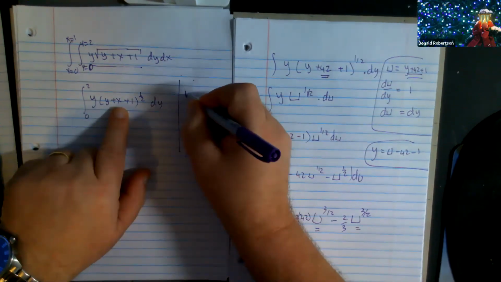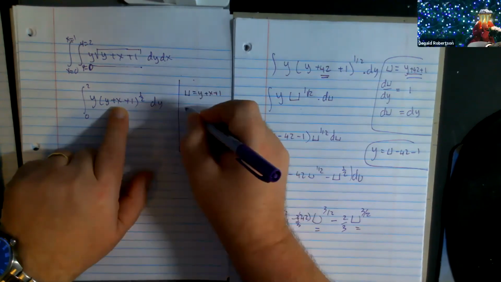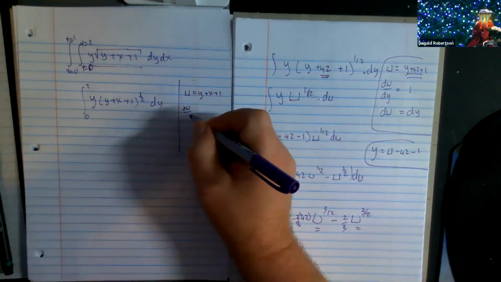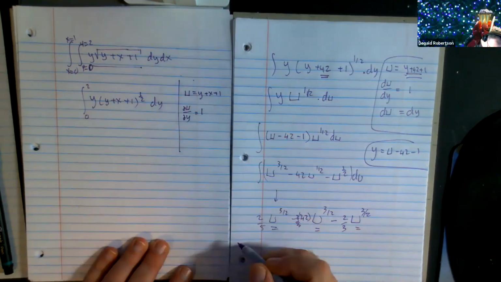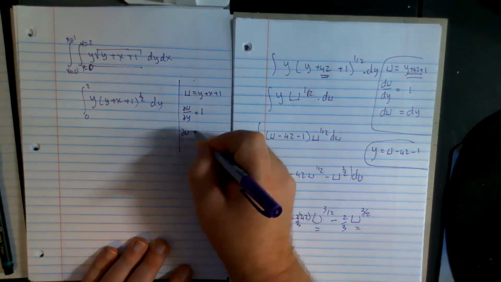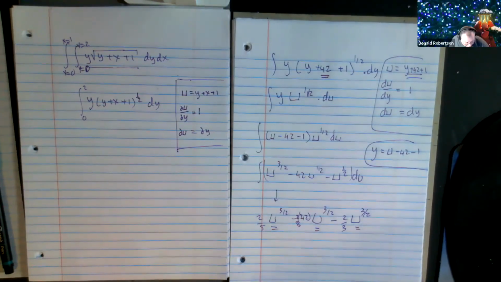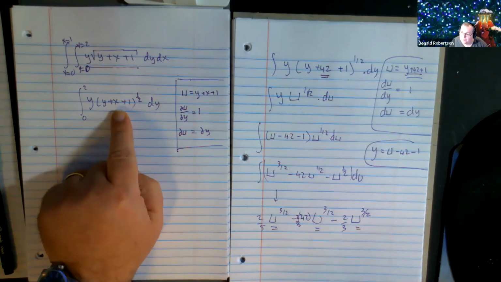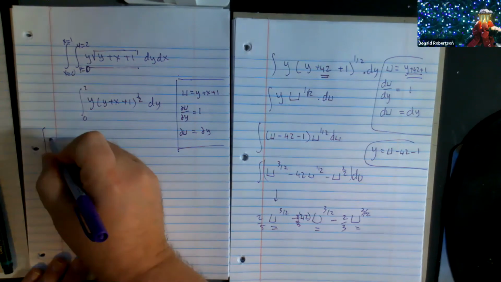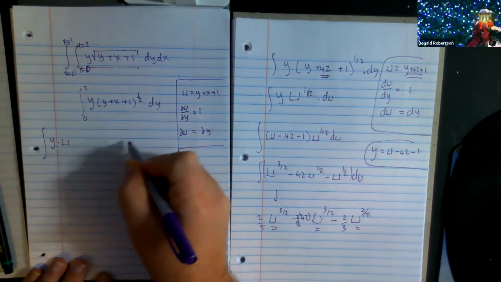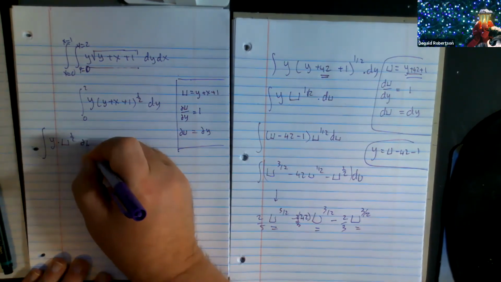I'm doing a u sub. I'm going to differentiate. Technically, I'm differentiating with respect to y, so I'm going to get 1. The crossover is going to look like that. So I am going to do essentially a u sub. So it's going to be the integral of y, u to the half, du.